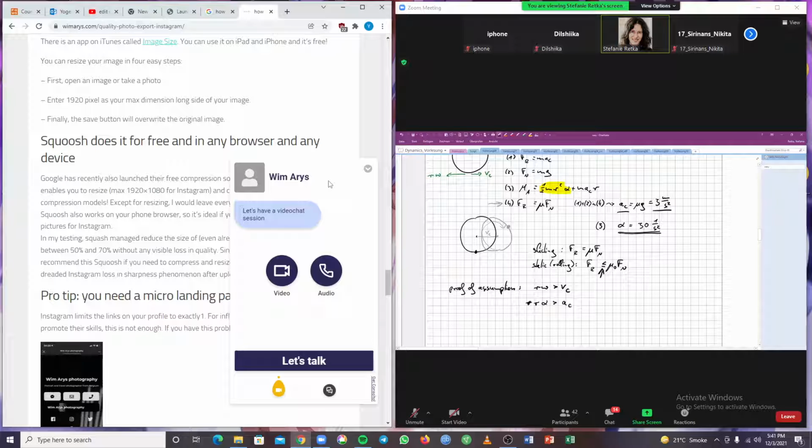Our radius is 0.2 meter, alpha is 30 per square second, and then we had 3 meter per square second on this side. You can see 0.2 times 30 is 6 meter per square second, which actually is greater than 3 meter per square second, meaning that our assumption was correct.